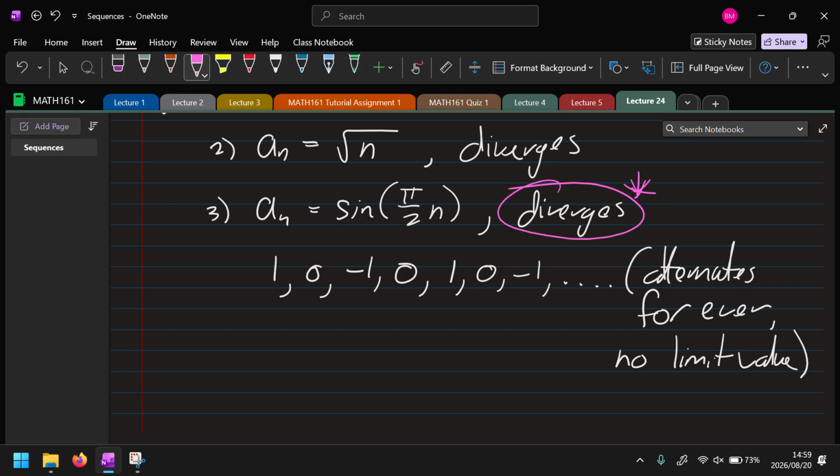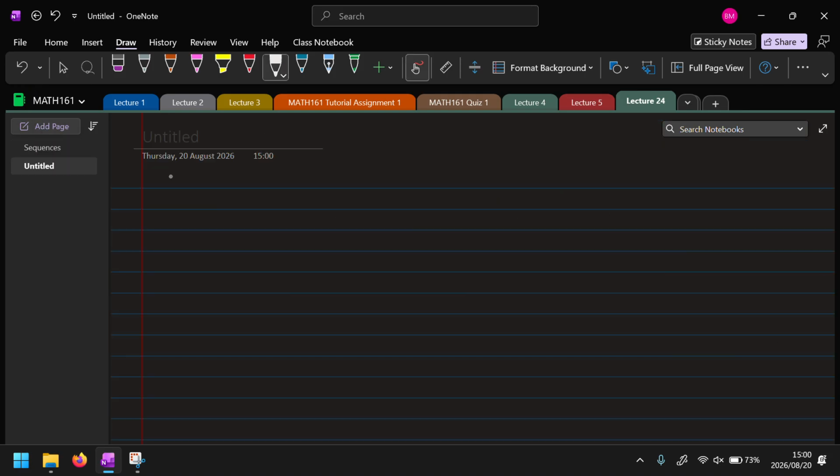We're going to do a quick recap of the limit laws. It's all of the stuff we did last year with limits. Most of it carries over to sequences. So I'm just going to write down the limit laws. It's very similar to what you've seen before. So limit laws review.